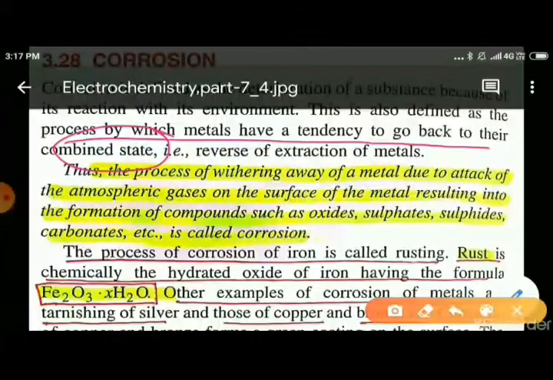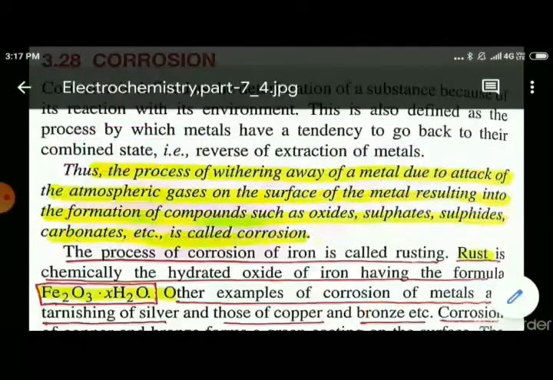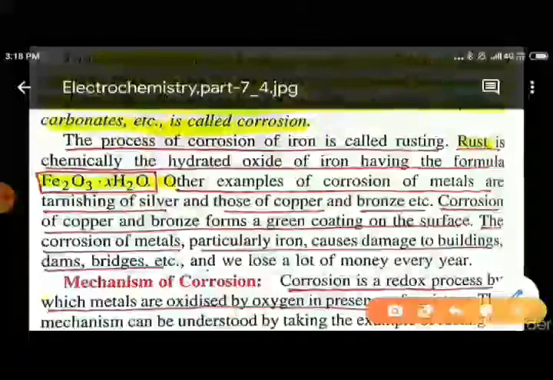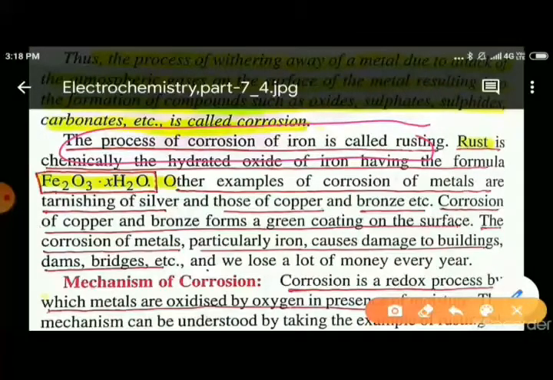Corrosion is the process of withering away of metal due to attack of atmospheric gases on the surface of the metal, resulting in the formation of compounds such as oxides, sulfates, sulfides, carbonates, etc. The process of corrosion of iron is known as rusting. Corrosion takes place for all kinds of metal.